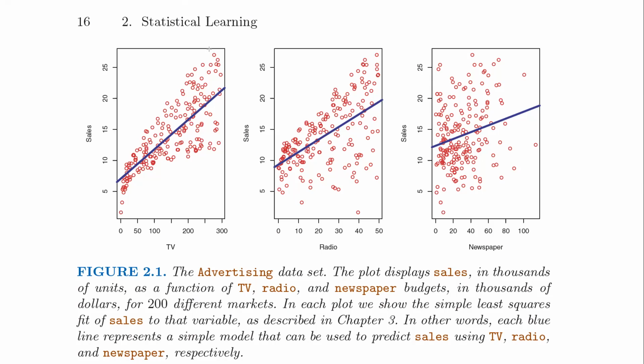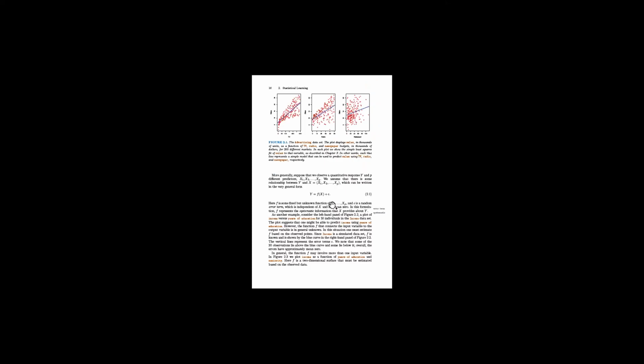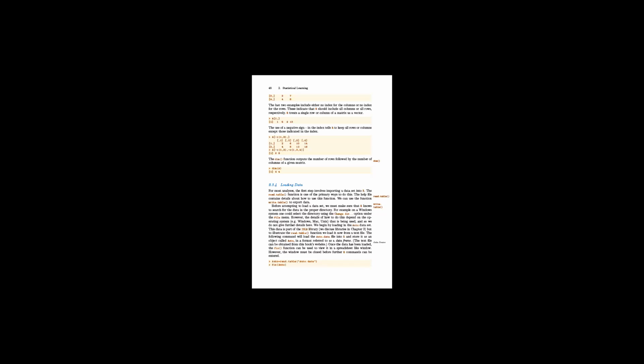So, for example, that's the same data subject. If that's Germany, that's the same data subject in each one. It's the same level of sales in Germany, but you're looking at what you spent on TV in Germany, on radio in Germany, and on newspapers in Germany. So you need to watch out. These TV, radio, newspaper, they might be interacting with each other is the word. So let's continue to see what the book has to say on the subject.